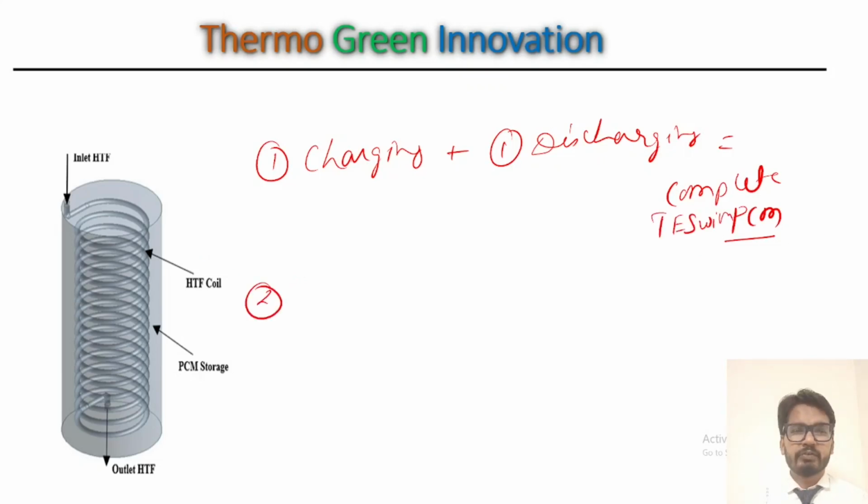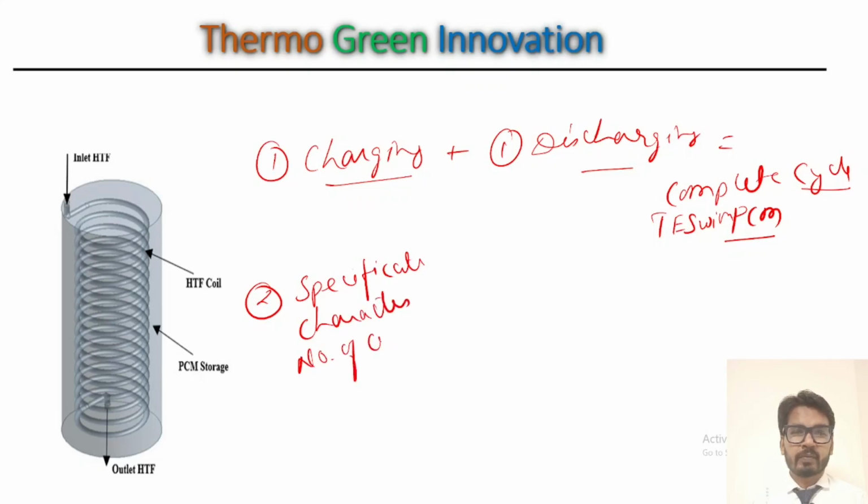We will understand why I said one charging plus one discharging is equal to one complete cycle, because in the specifications, or characterization, of thermal energy storage, the number of life cycles a thermal energy storage can undergo is one of the important parameters. That's why it is very important to understand the complete cycle of thermal energy storage.